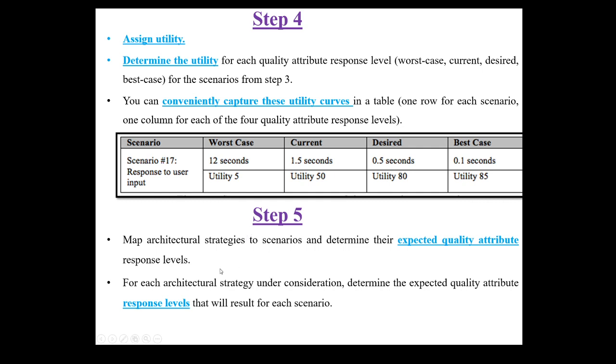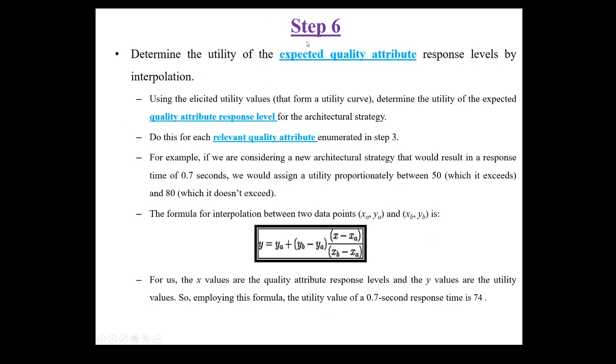Step 5. Map the architectural strategies to scenarios and determine the expected quality attribute response levels that will result for each scenario. Next is step 6, which determines the expected quality attribute response levels by interpolation.